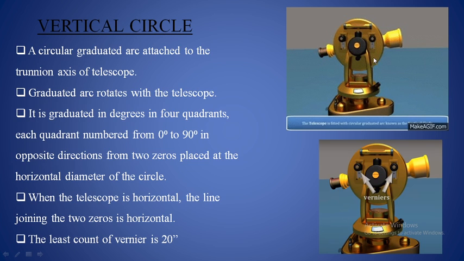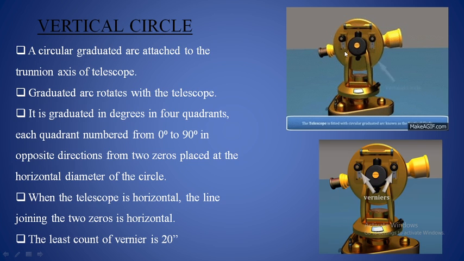Inside the vertical circle there will be a graduated arc which is engraved with graduations. The graduations will be in 4 quadrants, and each quadrant is divided from 0 degrees to 90 degrees. So you can read the vertical angles using these graduations which are engraved on the arc.